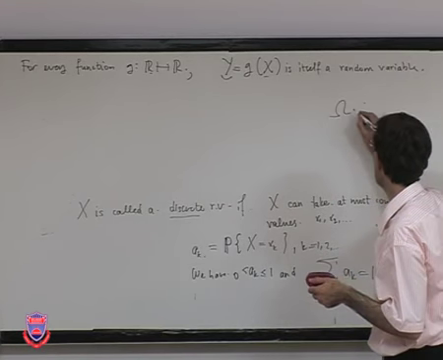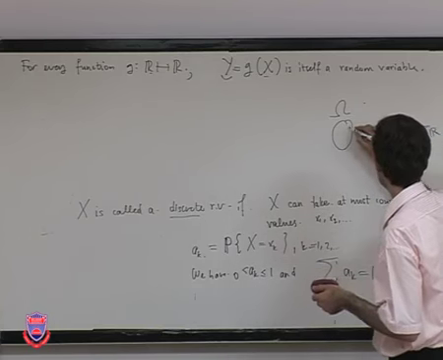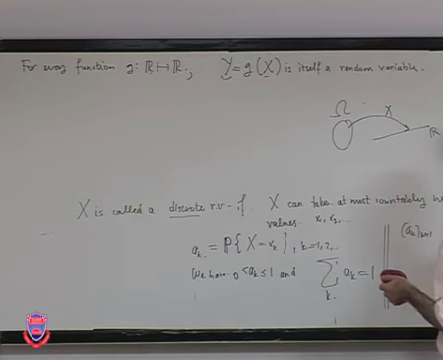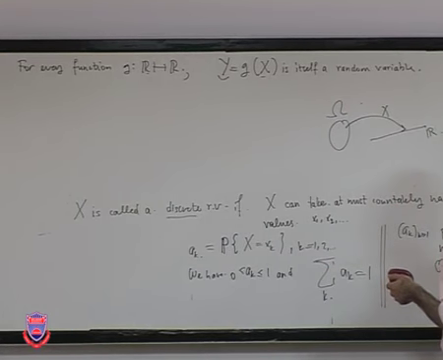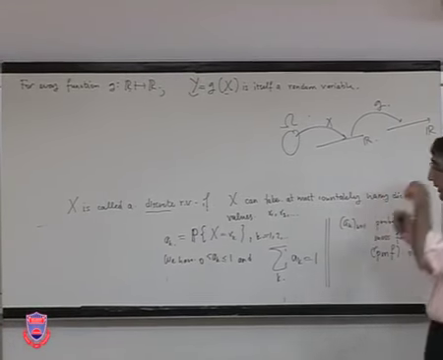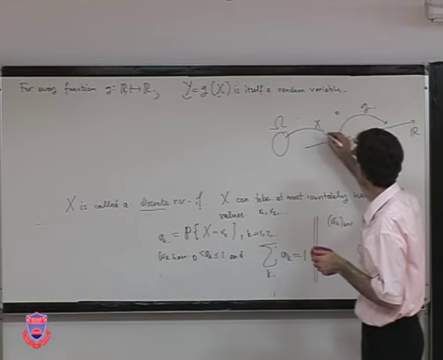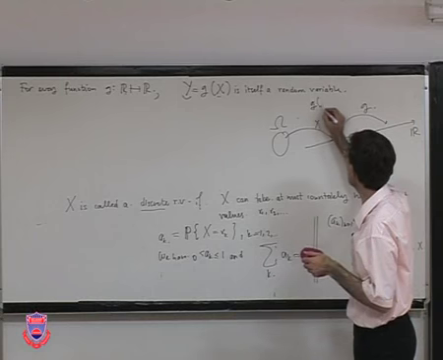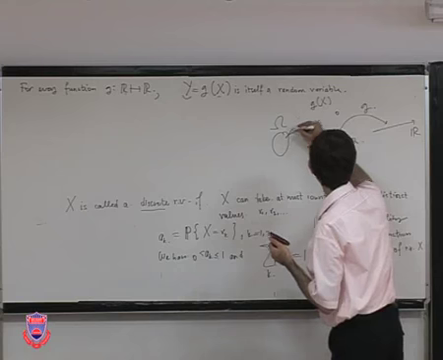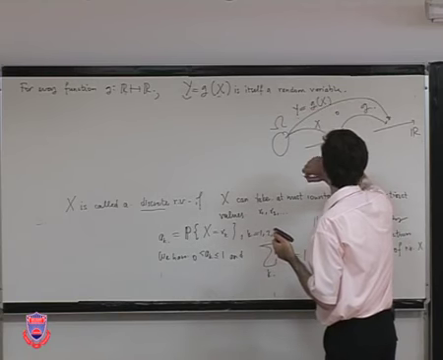So X maps omega to this real line, and then there is another copy of the real line, and g maps R into R. When you compose g with X, that's exactly what we mean by this, and it is Y.